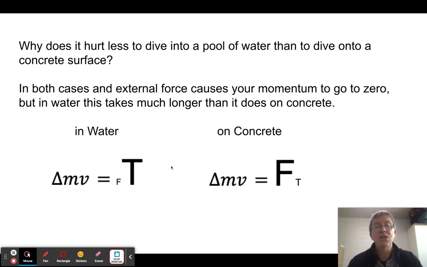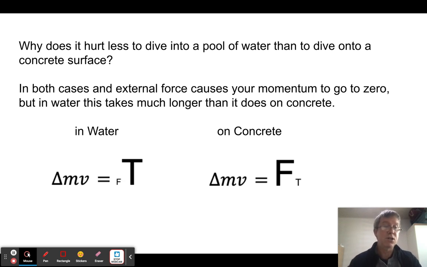Let's think about this. In both cases, your momentum is going to go to zero. You have a very fixed delta mv, assuming you're falling from the same height in both cases. However, what you're changing is the amount of time across which that force is being applied. So if I dive into water, I'm going to change my momentum over a longer period of time, and therefore I'm going to be applying less force to my body.